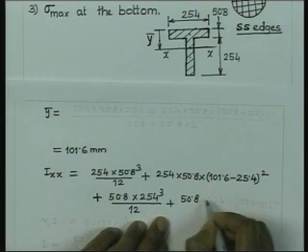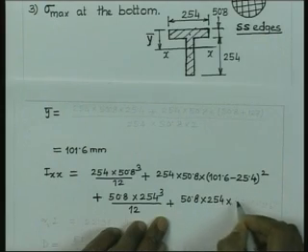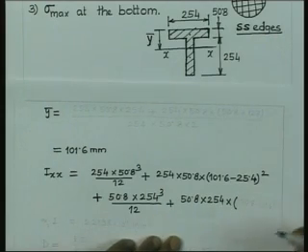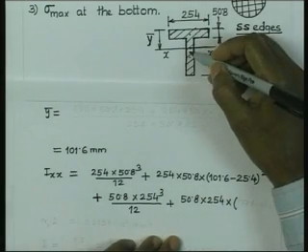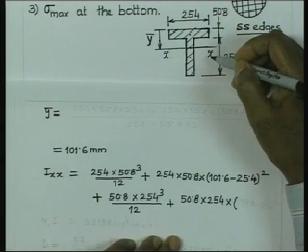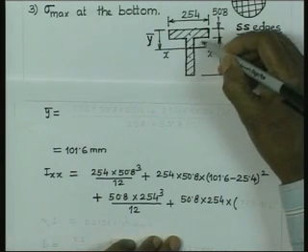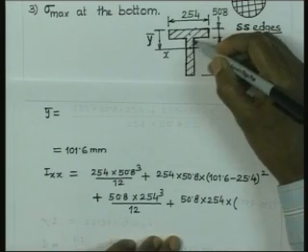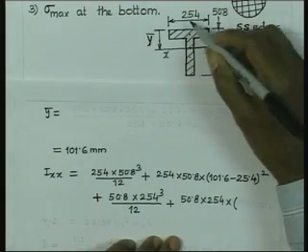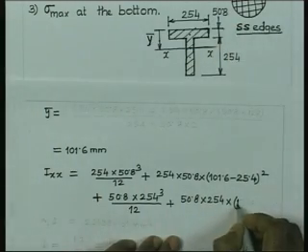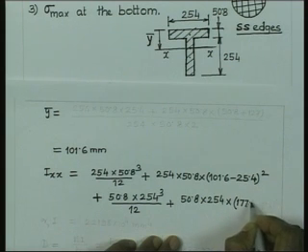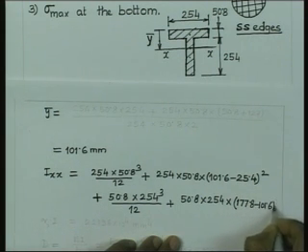So, 50.8 into 254 is the area, and the distance is the total distance, which is 50.8 plus half of the height, 127. That gives us 177.8 minus 101.6, squared.